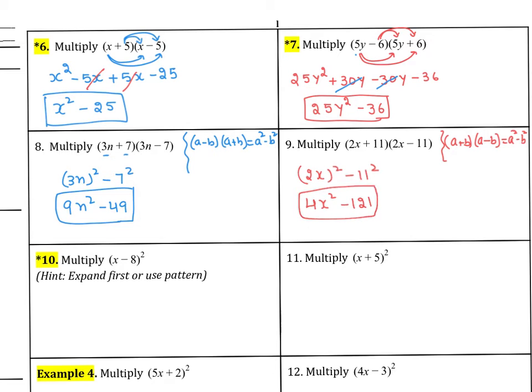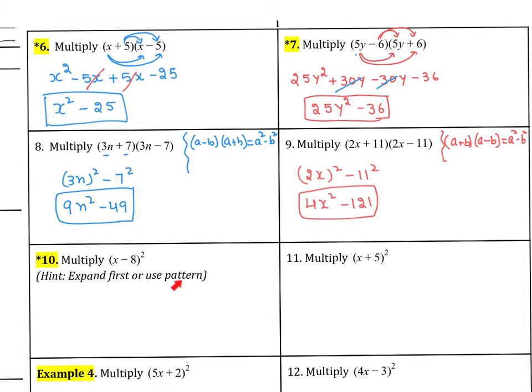So that's going to be your final answer. Remember, you can do these questions two ways. One, you can use the FOIL method, and you can also use the difference of squares formula, which is this formula.